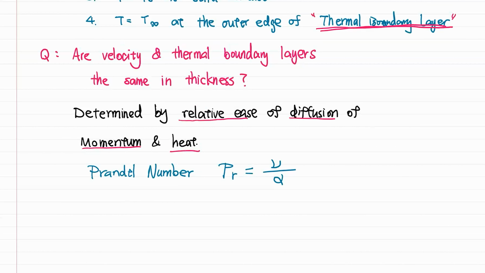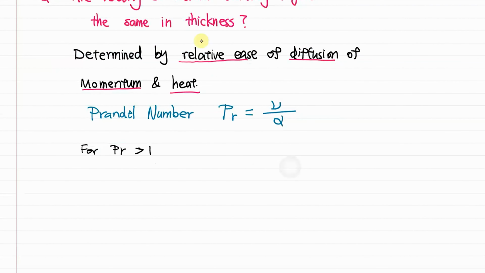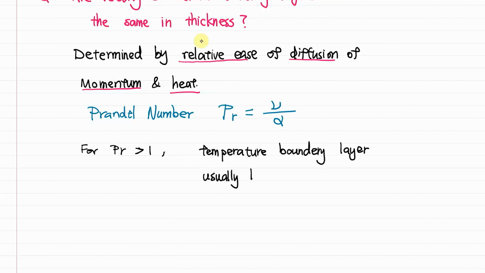For Prandtl number greater than 1, the temperature boundary layer usually lies inside the velocity boundary layer.